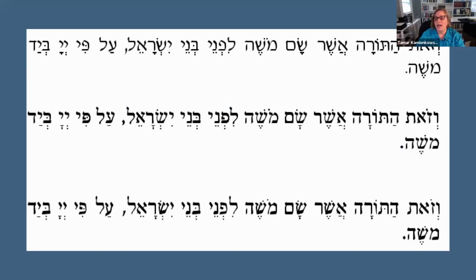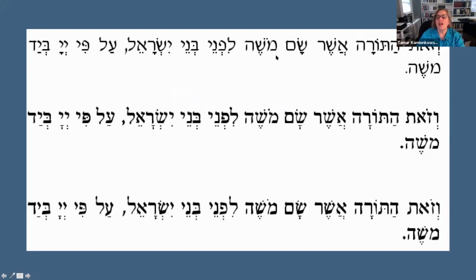So again, I'm going to give this to you in a few different fonts so that you can practice reading it slowly. And basically this line is Vezot HaTorah. Here's our ha, making it the Torah, hey at the end, so it's a feminine noun. Asher means which, that, who, whom.